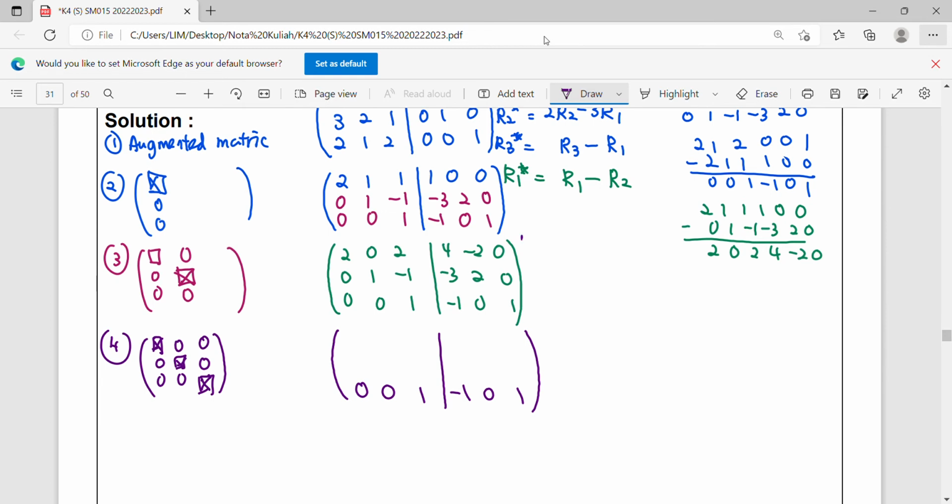So row 1 needs to change, row 2 needs to change, to make the position 0 here. So row 1 operates with row 3, row 3 that is already constant. So the operation: row 1 is value 2, row 3 is value 1. So we just times 2 to get the same value. Then we minus to get 0.